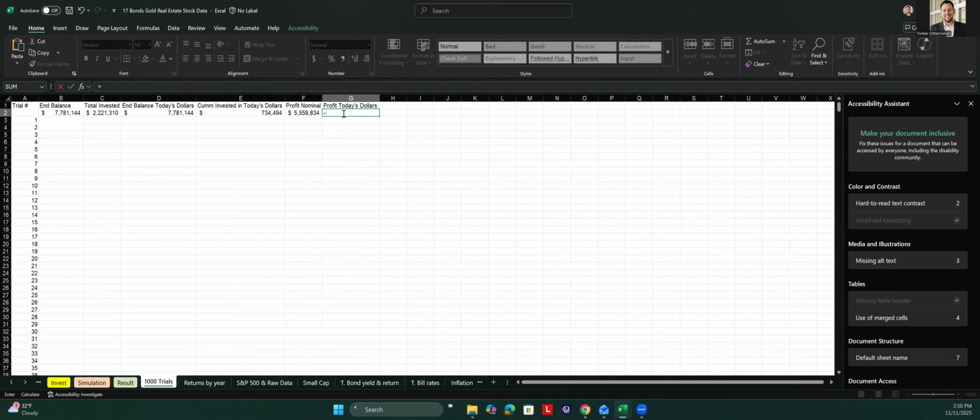And if I want to look at today's dollars, I will look at the cumulative end balance in today's dollars minus cumulative invested in today's dollars. Okay, perfect. So let me just double check.